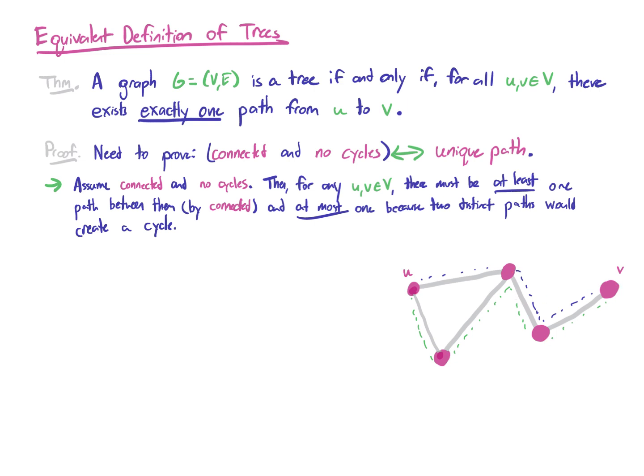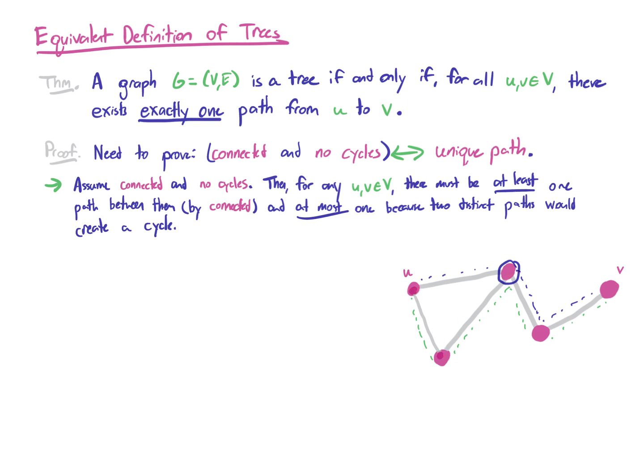However, we can see that there is a node somewhere on both of these paths with the property that if I focus on that node, so this guy right here, and look at just the blue and the green paths from U up to that node, indeed, I have constructed a cycle.